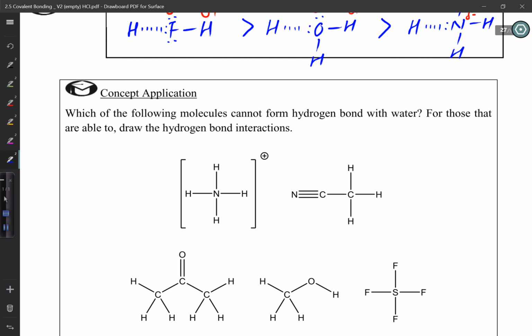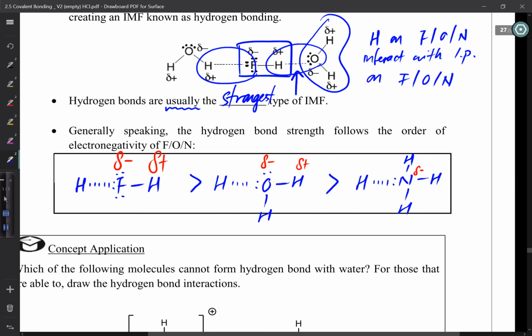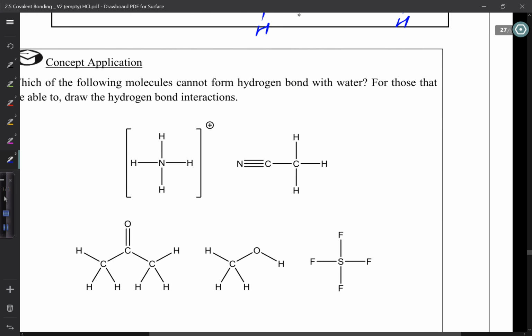For the first one, I say cannot. How does it form hydrogen bond in water? Can you please draw it out? Can this form hydrogen bond in water? No. What's the definition of hydrogen bond, in layman's terms? Let's say we draw the water here. FON that has a bond with hydrogen.